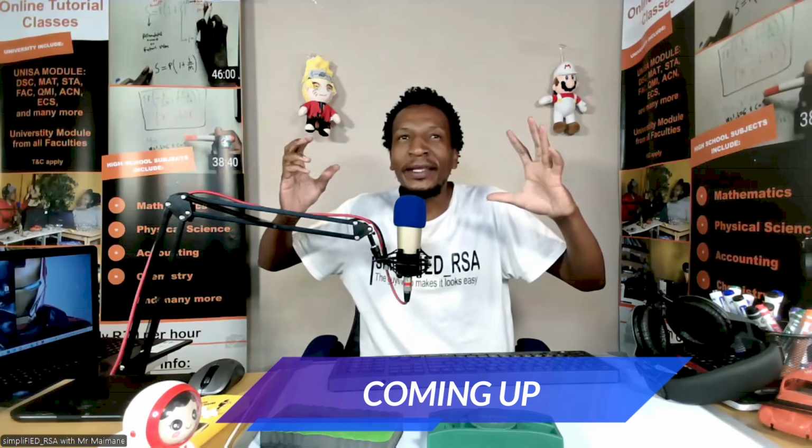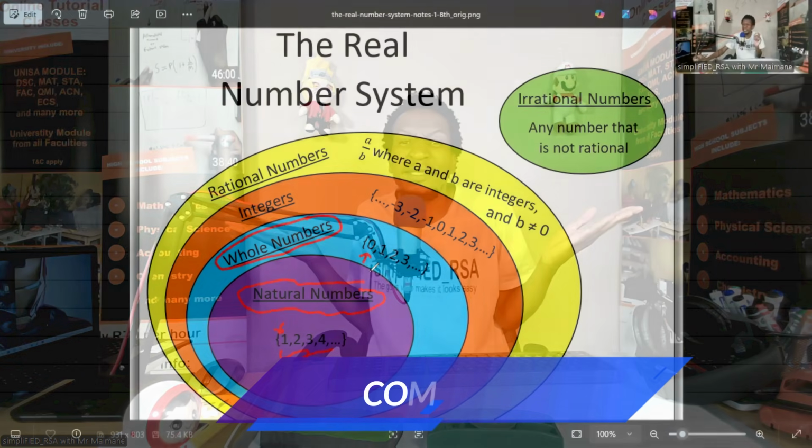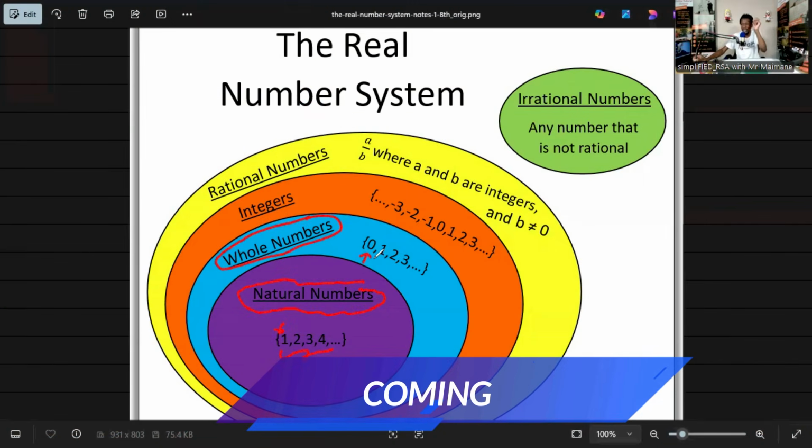Look, we understand that in most cases, we, as teachers, we tend to fail our students based on how we deliver our learning, because some numbers is natural numbers, including zero. And then now we have integers. Now you see, integers is like a number line, a perfect number line, whereby we include natural numbers, whole numbers.